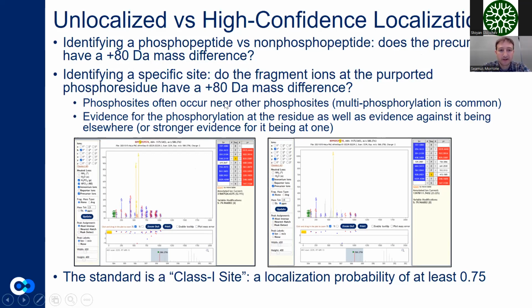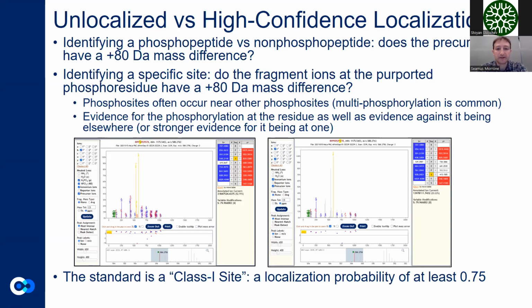It's complicated by the fact that in biology, phosphosites often occur near other phosphosites, and multiple phosphorylation is common. Often these sites are differentially phosphorylated. One may be phosphorylated and the other not, and that may represent one part of the pathway, whereas the inverse may be a different part of the pathway, and sometimes both may be phosphorylated.